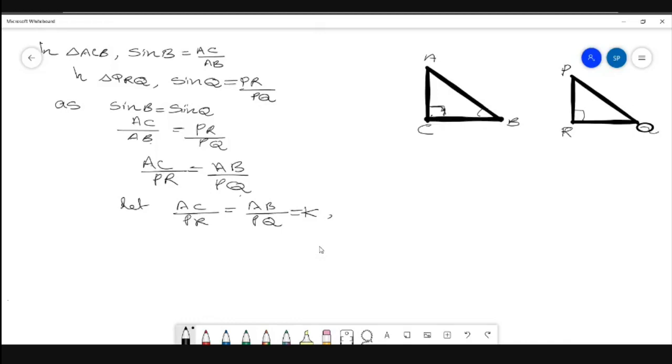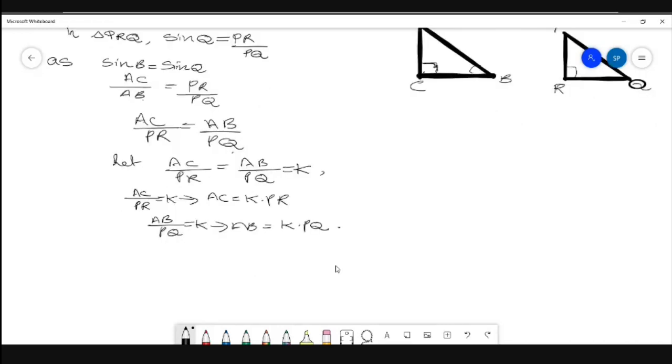So from this we can say AB by PQ equal to K means AB equal to K into PQ, and AC by PR equal to K means AC can be written as K into PR. Now we'll find what is BC square in the triangle.